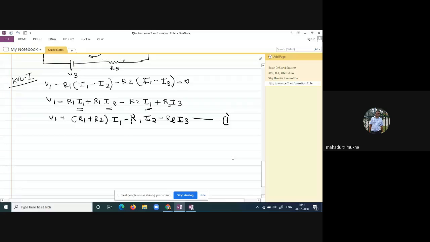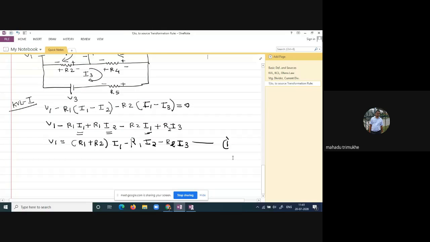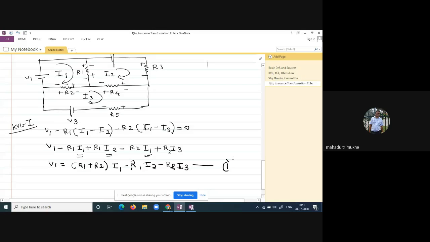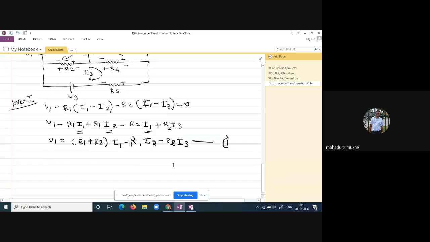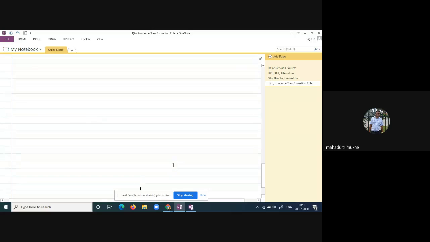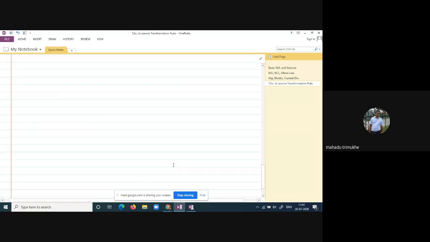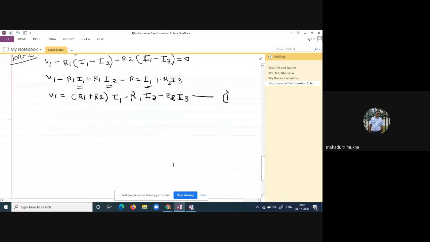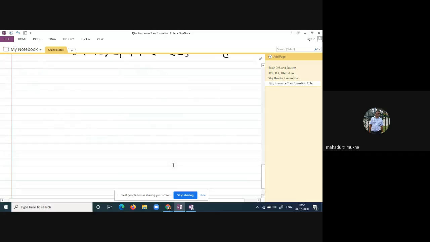Okay, have you drawn the circuit diagram? So, what is the KVL at mesh 2? Apply KVL at mesh 2.